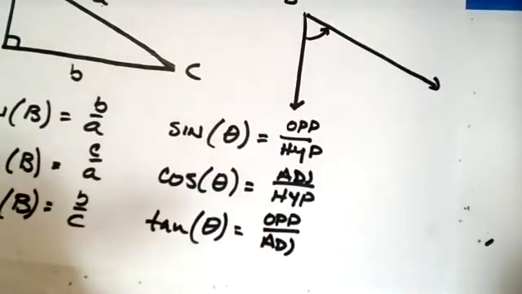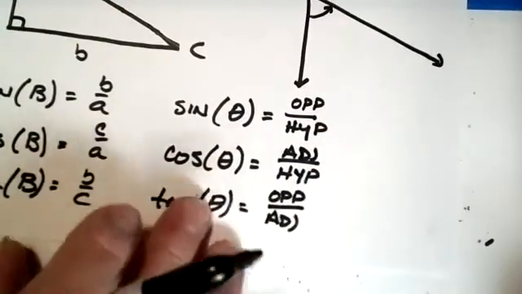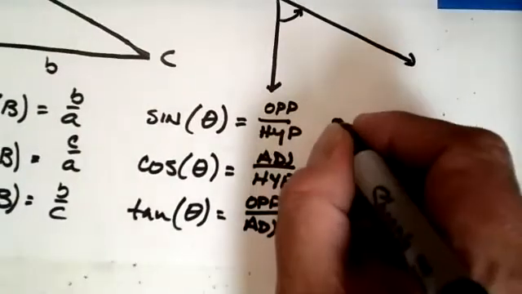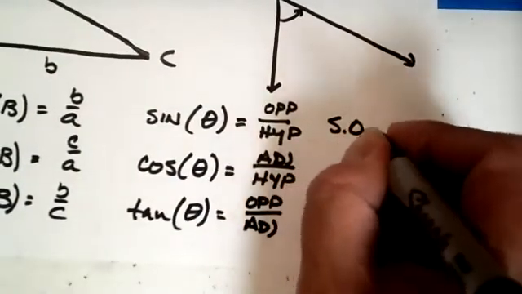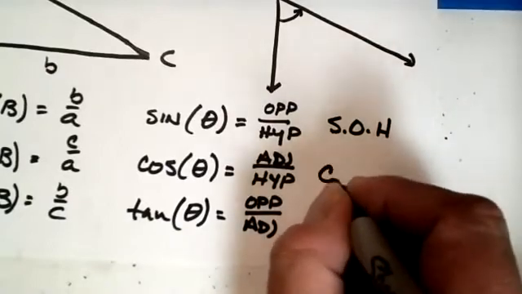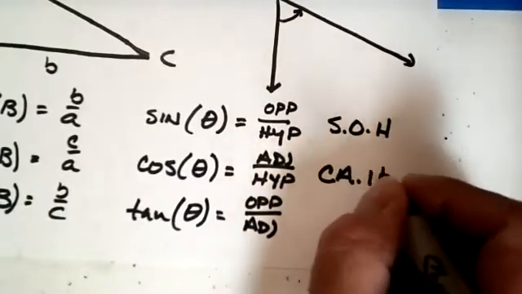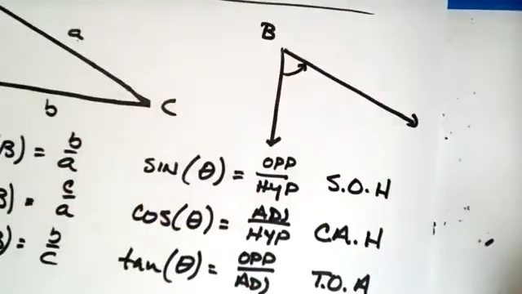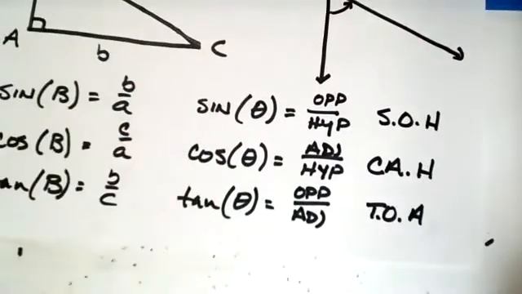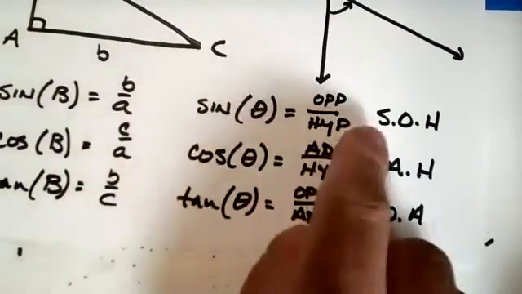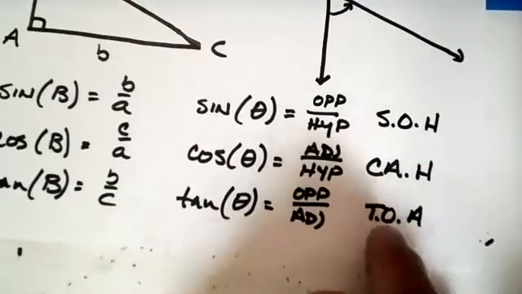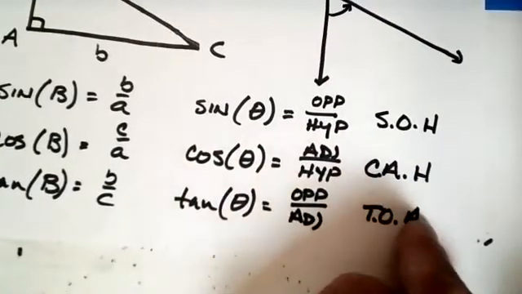Now, as long as you know what opposite, hypotenuse, and adjacent mean, this sort of devolves into a mnemonic, which is SOH CAH TOA. And I have seen many students use this and write this on their tests and everything else. So sine is opposite over hypotenuse, cosine is adjacent over hypotenuse, tangent is opposite over adjacent.